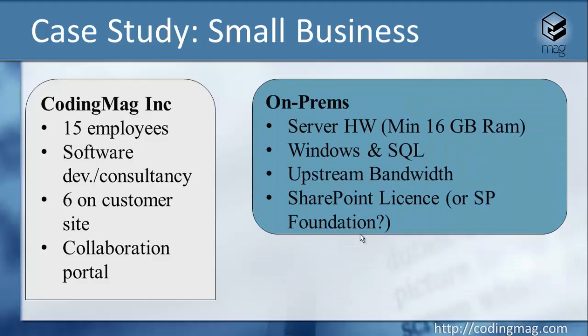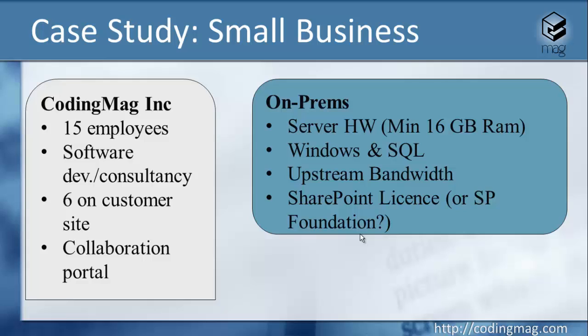And for doing that, let's first take the on-premises approach. You need to buy some server hardware. It should have a minimum of 16 gigabytes of RAM, and you need to have Windows Server and SQL Server licenses.